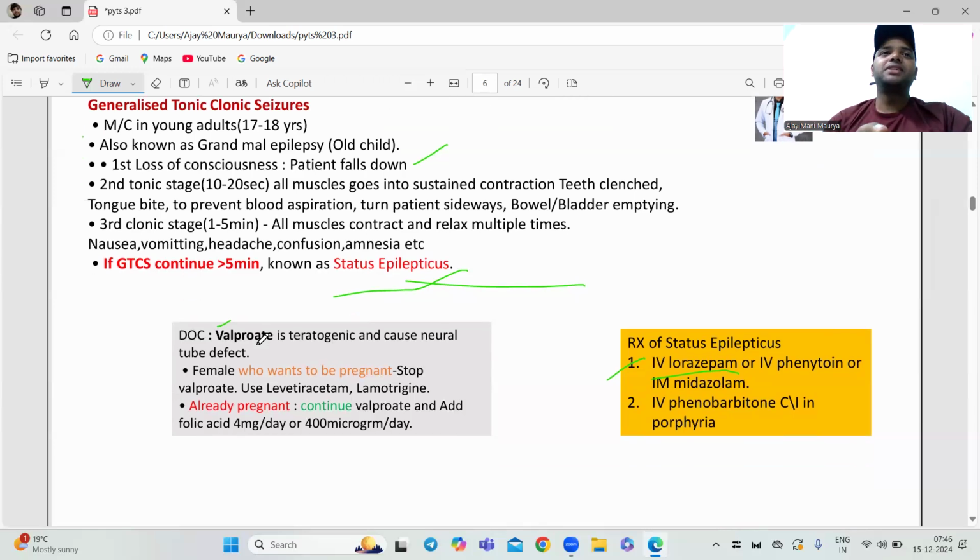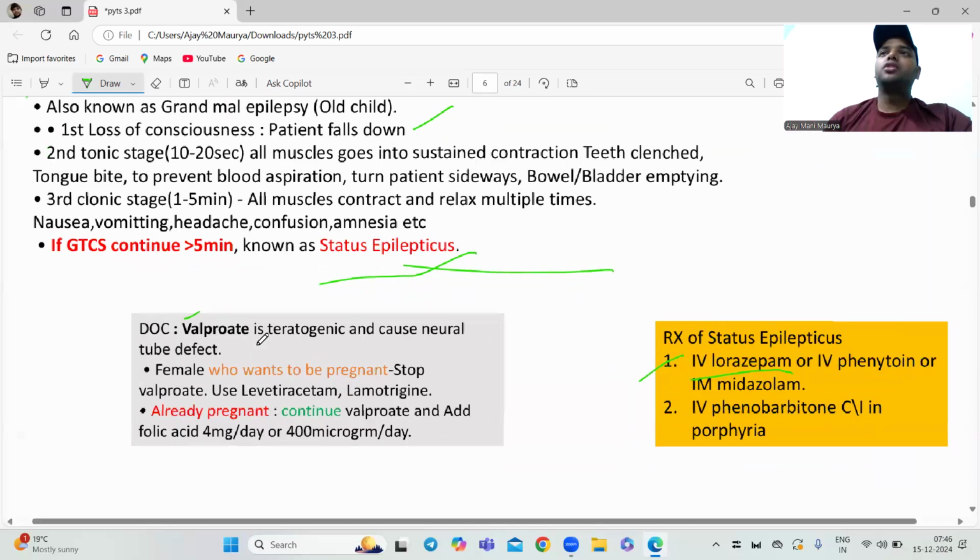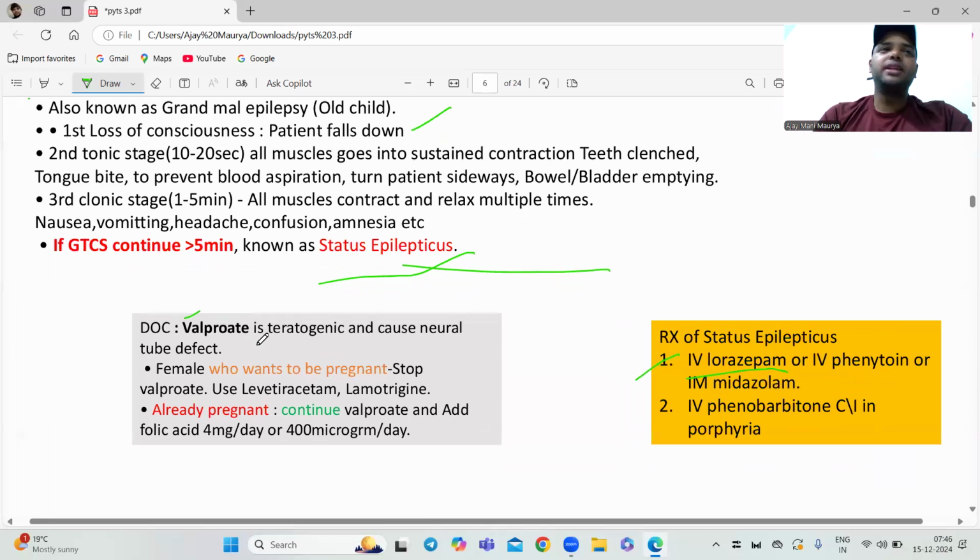See here, there is one condition, guys. As you know, valproic acid is most teratogenic. The female who wants to be pregnant must stop valproate and use levetiracetam and lamotrigine.